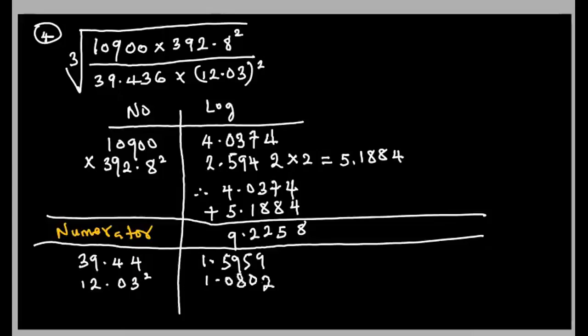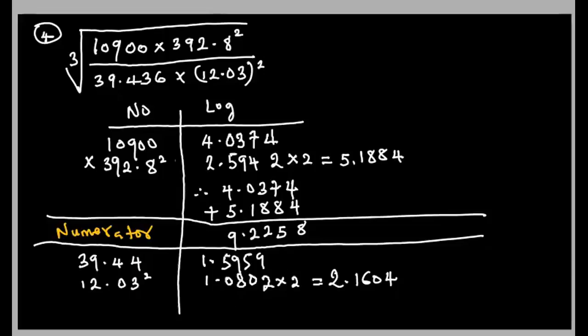Now don't forget that we have the power here, and for powers we multiply by the corresponding power, so that is times 2. Multiplying 1.0802 by 2, we have 2.1604.